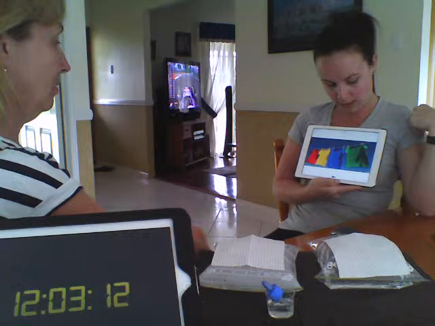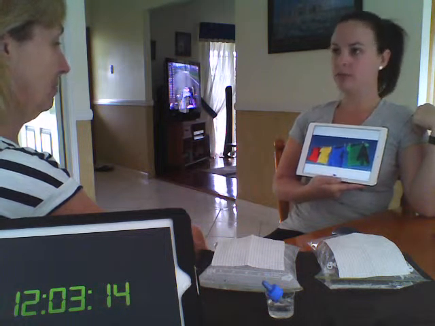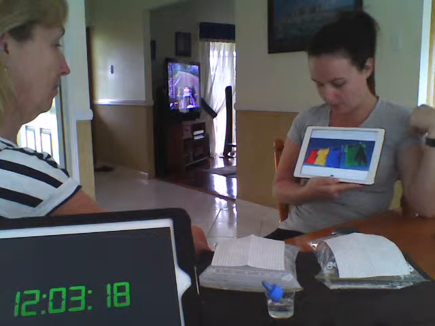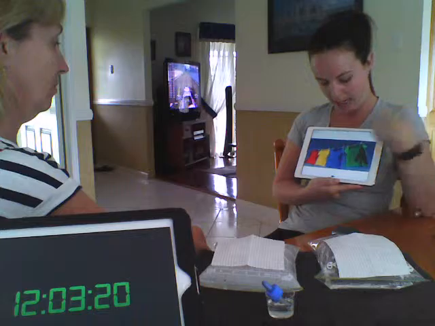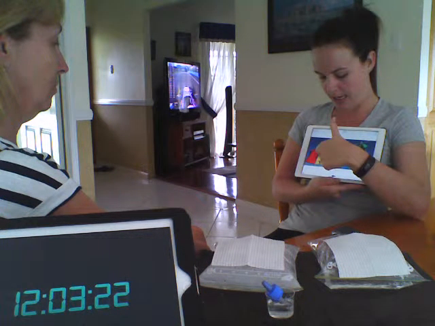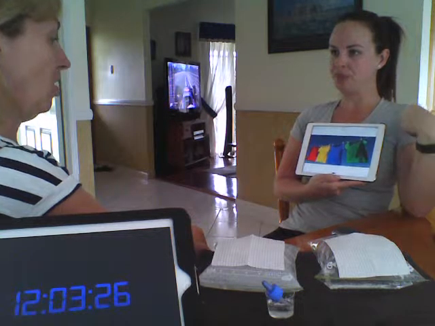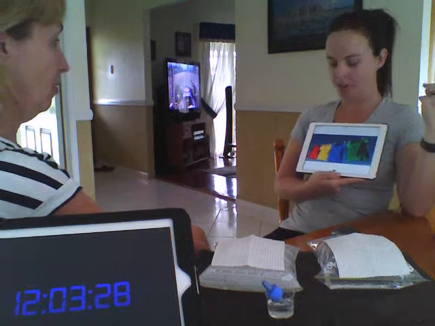Exactly. What about, so we've got our puddle, we talked about that one. What about clothes on the line? The sun helps dry them. Exactly. So what do you think? Do you think maybe, if we had a dark blue t-shirt and a yellow t-shirt, which one do you think would dry quicker? I think they'd dry the same. You think they would?